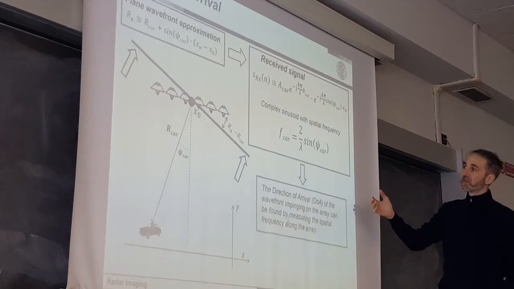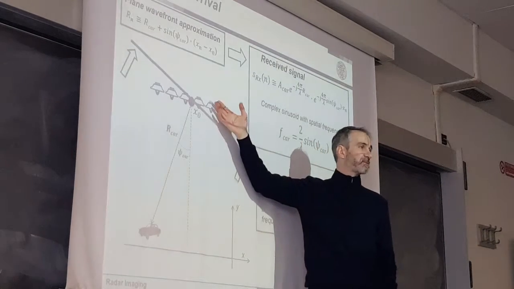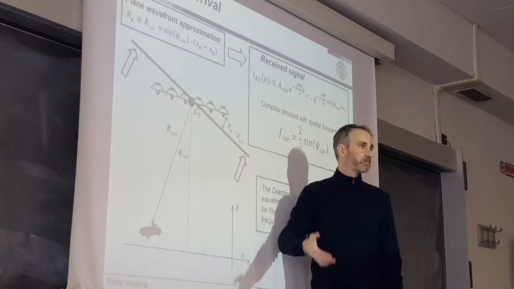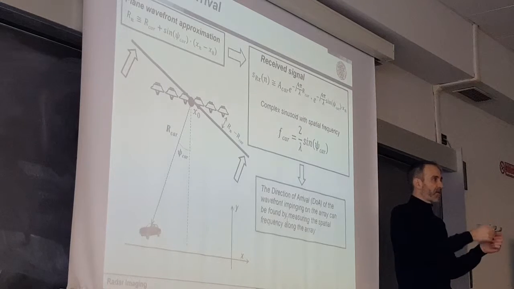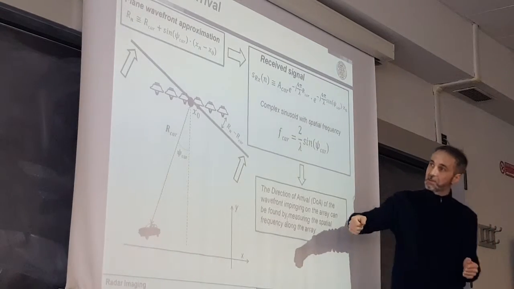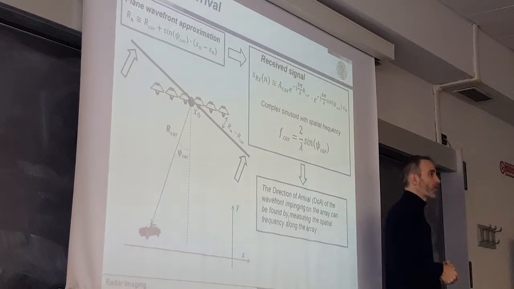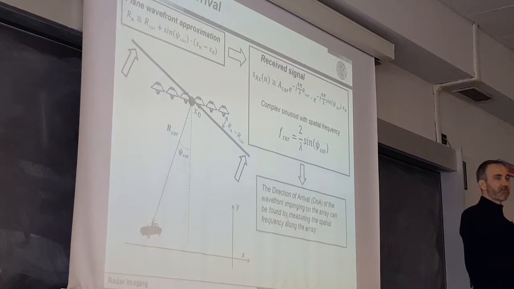So how do you detect the frequency of a wave? You have a complex number for each sensor. So in this case you have 6 complex numbers. You want to know the spatial frequency of the wave.